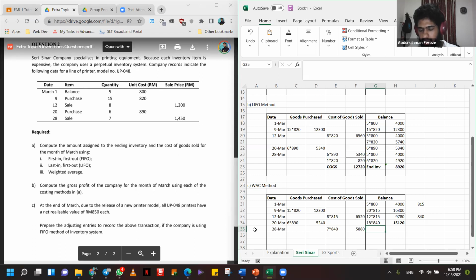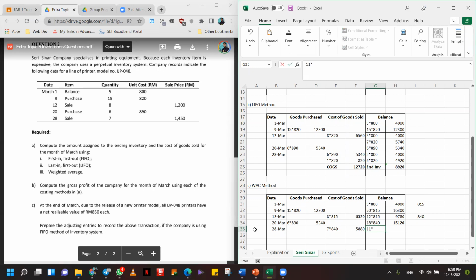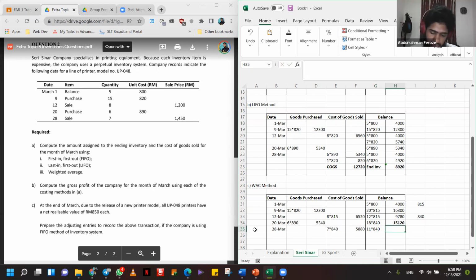What should go into this? 11 into 11. 840. Yes. 11 into 840, which is 9,240. Okay.